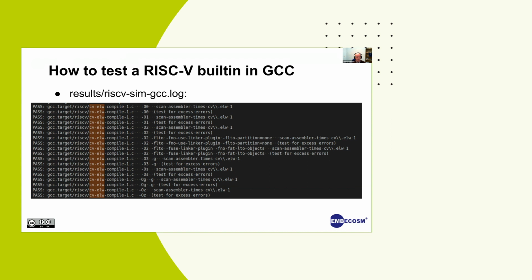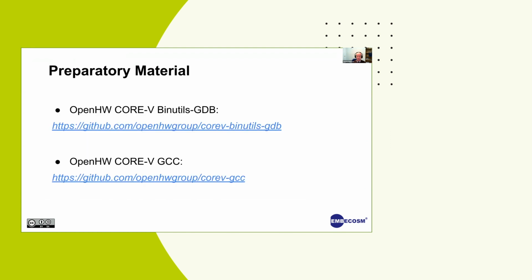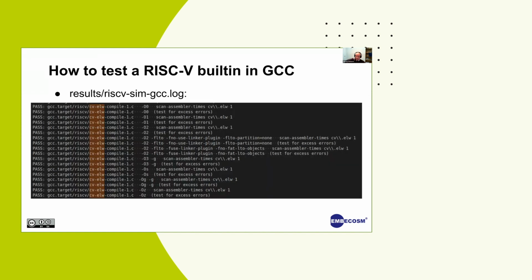One is, did I compile successfully? And the other is, when I compiled, did I actually generate the right number of assembly instructions as scanned for? This passes completely, and I think there's 9 different variants tried, each of which gives you 2 passes, so you get 18 passes. And that's all you need to do.